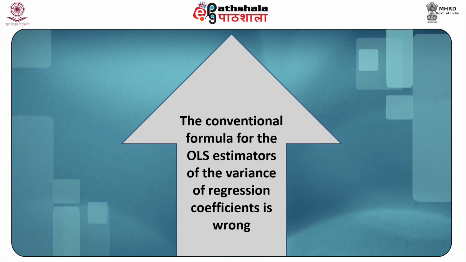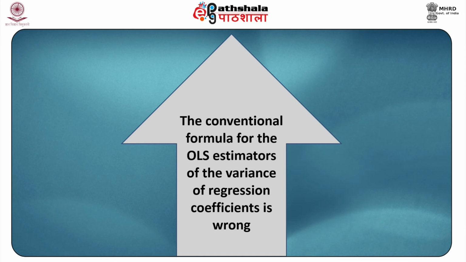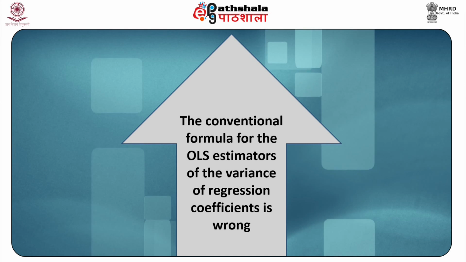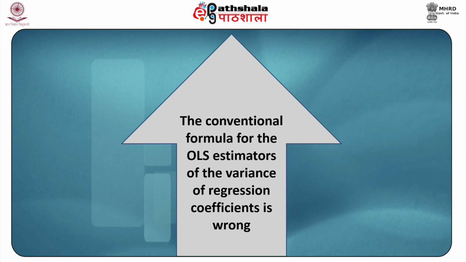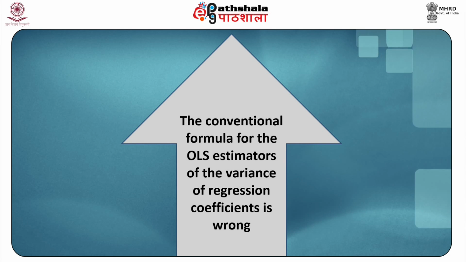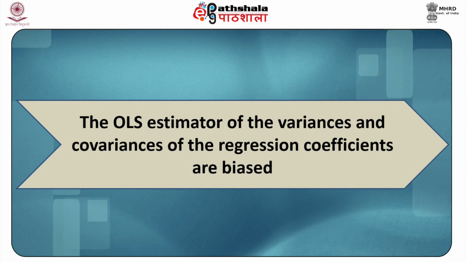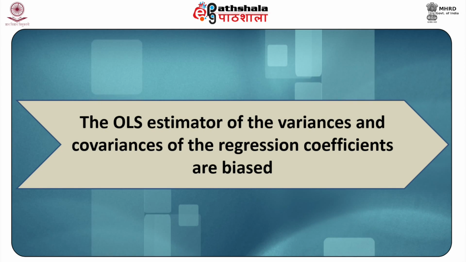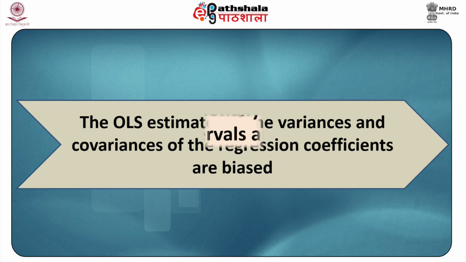The fourth consequence is that the conventional formula for the OLS estimators of the variance of regression coefficients is wrong. The OLS estimators of the variances and covariances of the regression coefficients are biased.